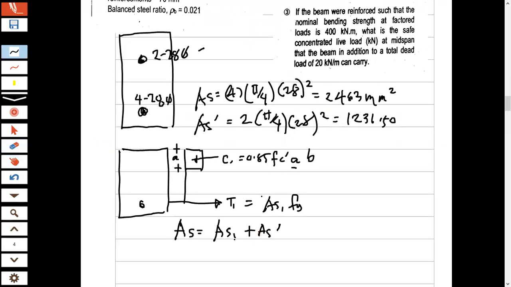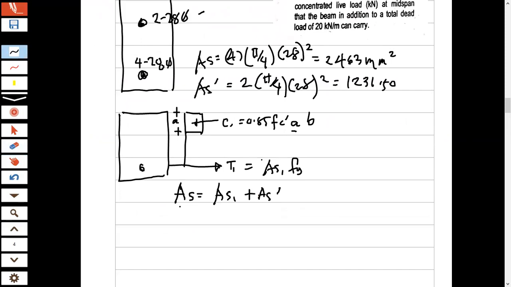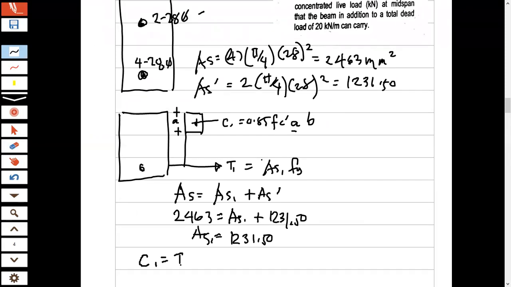We know that AS is equal to 2463. AS1 is, I don't know, but AS prime, we know that it's 1231.5. In other words, AS1 is also equal to 1231.5.